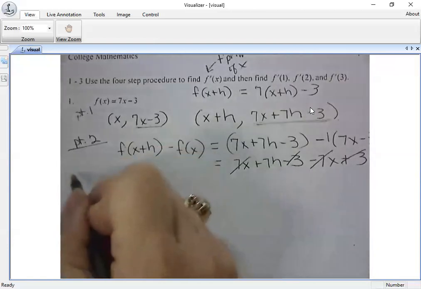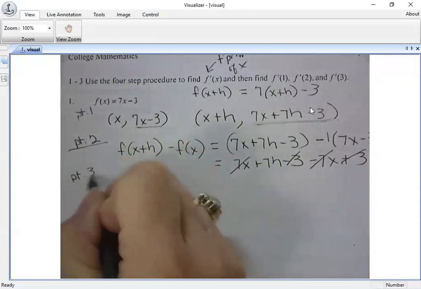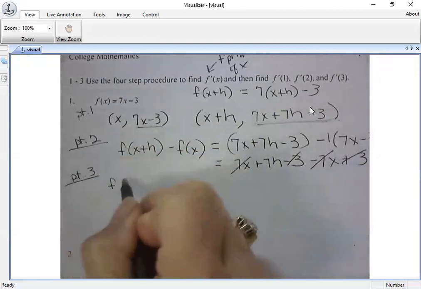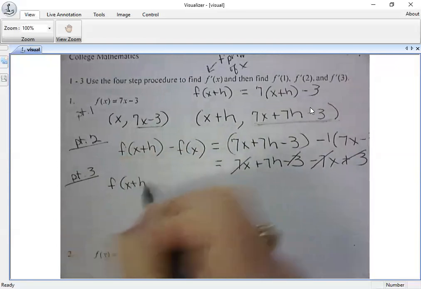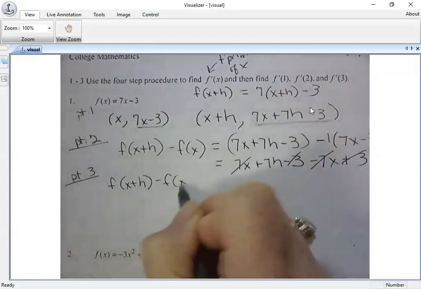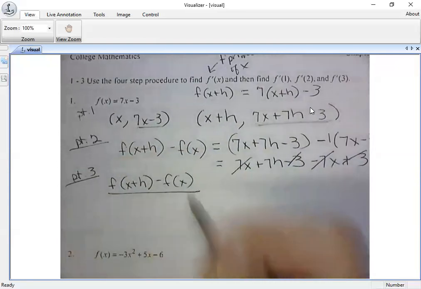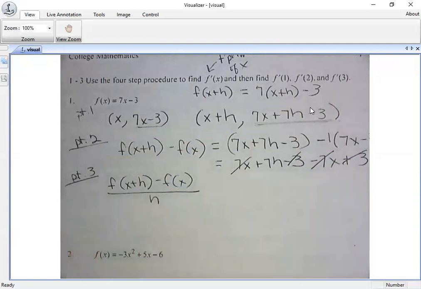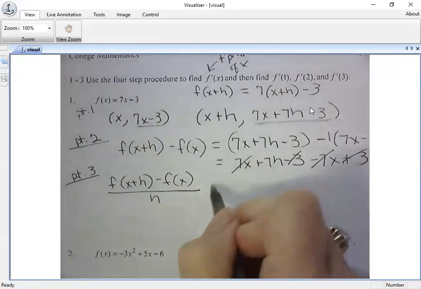So part 3 is where we actually plug in the f of x plus h minus f of x over h. Because remember, in the denominator, if I take x plus h and then I subtract x, the x's are going to cancel. The only thing left would be the h.